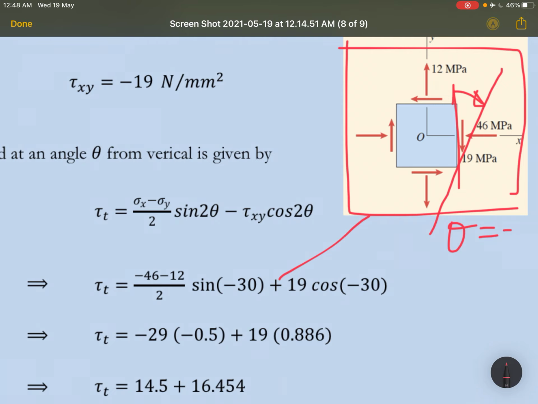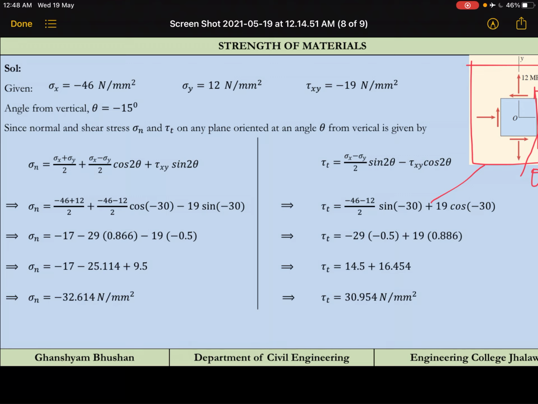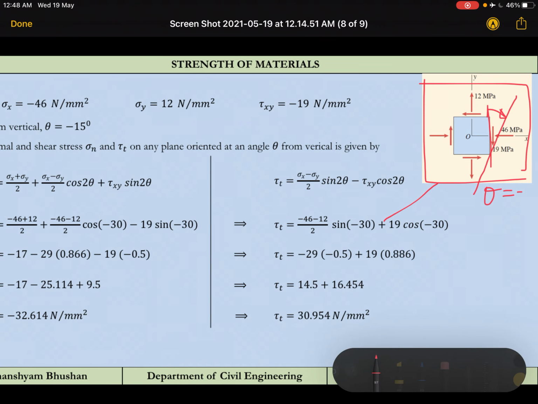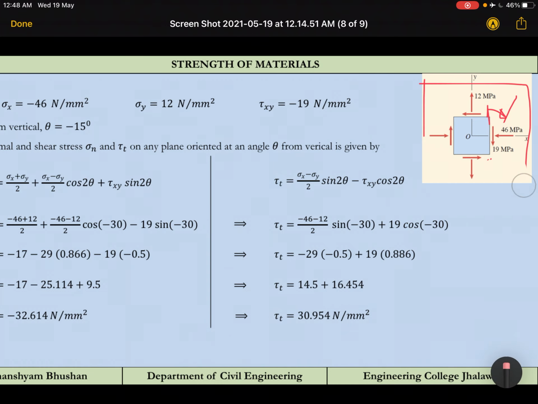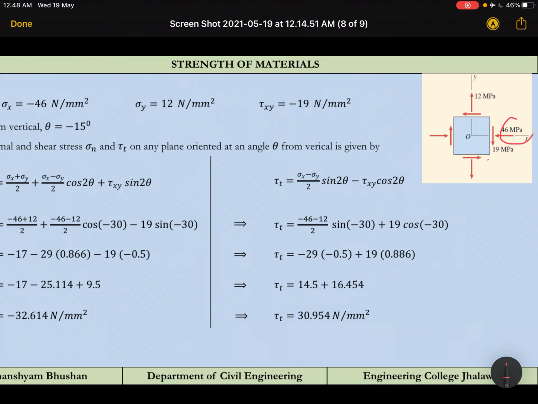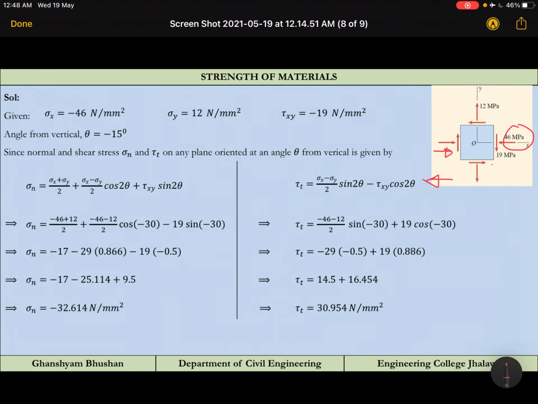So what is given in the question? Sigma x, now you have to compare from where? Your initial diagram for which you have derived these equations. So you can see sigma x is compressive, minus is there. In our derivation sigma was in this direction. So here sigma x is minus, this is clear.